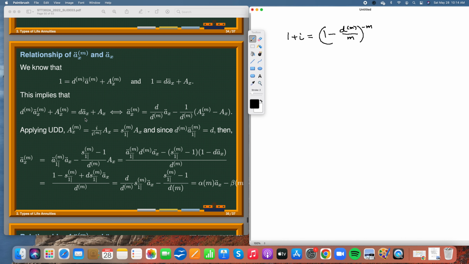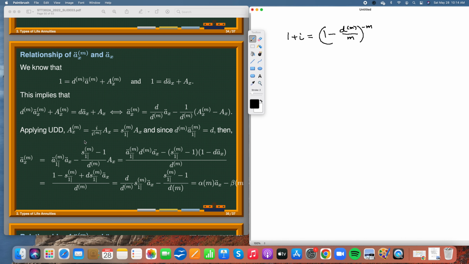Then we just have to solve for this. We want to solve for a sub x to the upper m double dot. So we transpose this and then divide by d to the upper m, and we obtain the following expression.